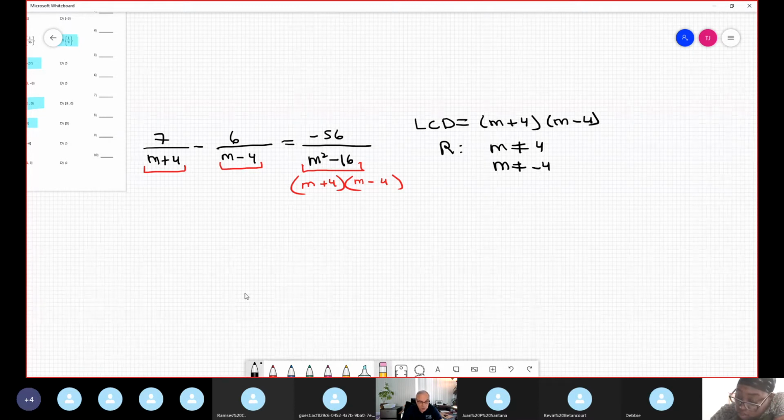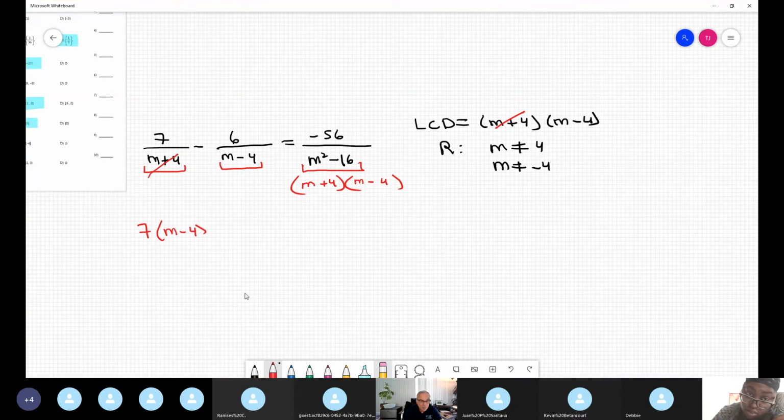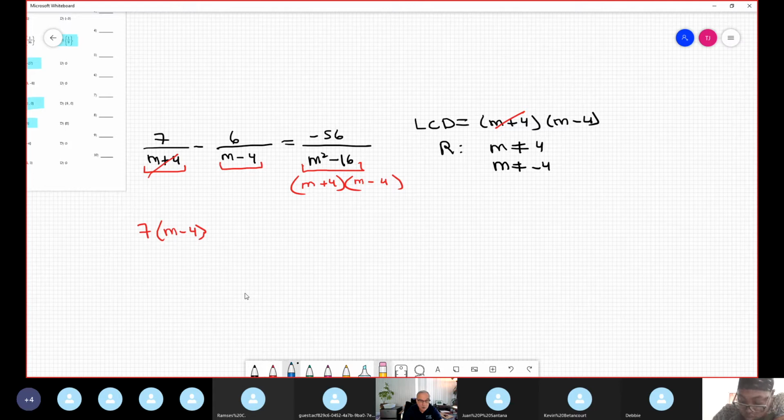Okay, let's do the multiplication. This and this are cancelled. The first one, stay only 7 times m minus 4. The second is minus 6 times m plus 4, since m minus 4 is cancelled. Now, in the right hand side, everything is cancelled.